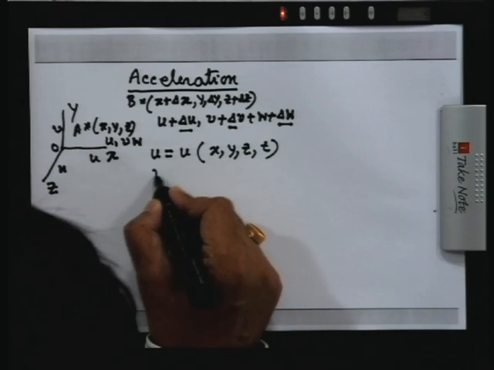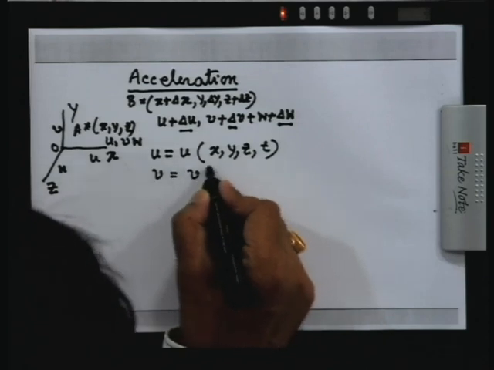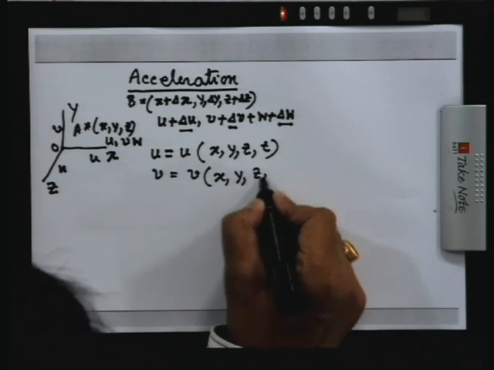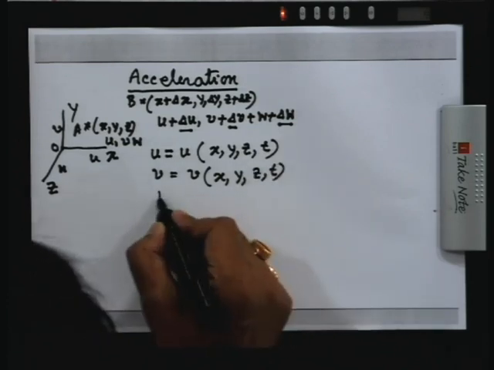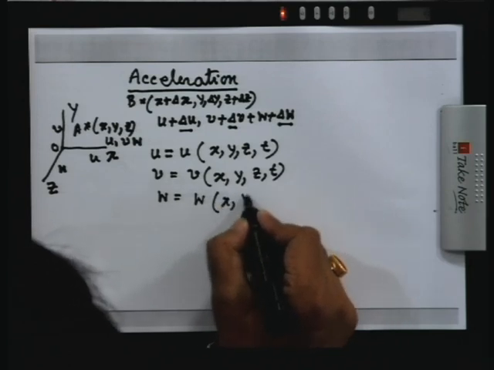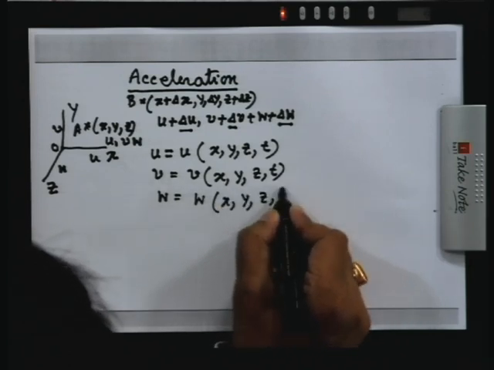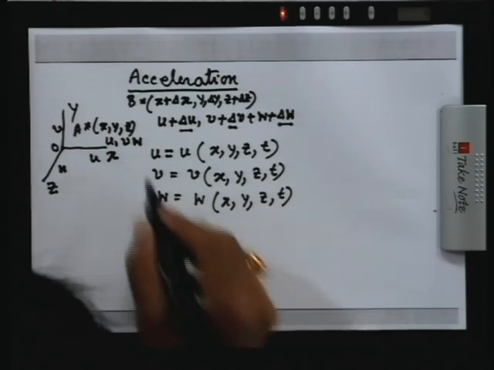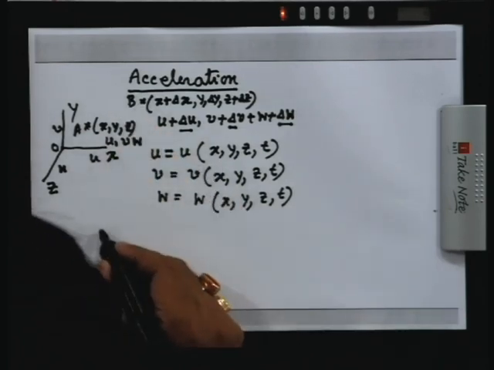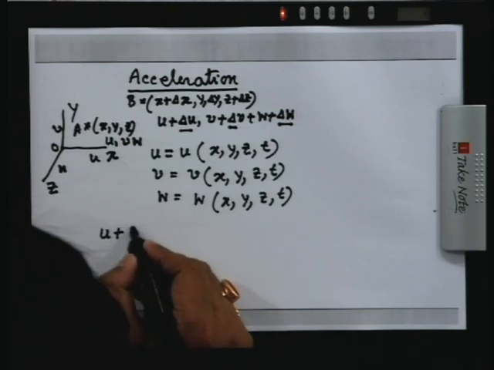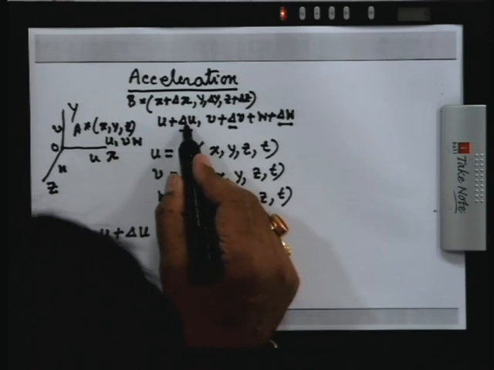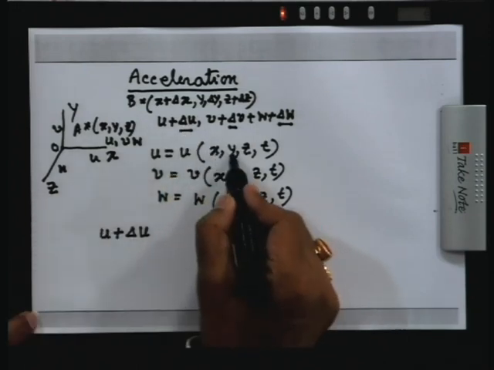In the Eulerian description, v is a function of x, y, z, t, and w is a function of x, y, z, t. Now we can write u plus del u for the point where the velocity has changed by an amount del u because of the change in the space coordinate.